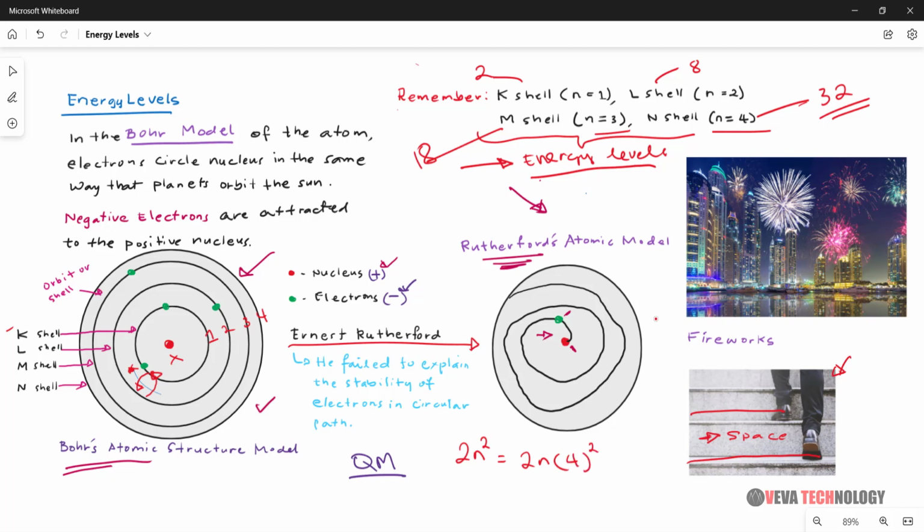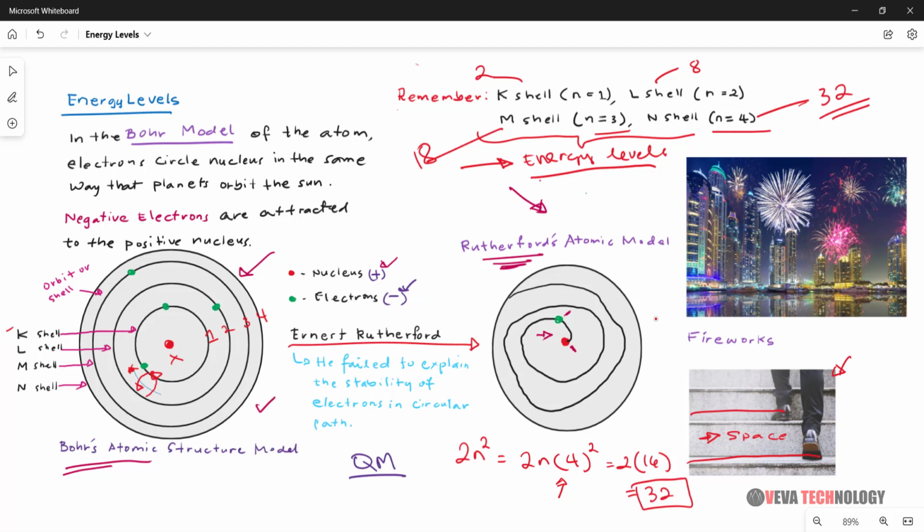Now, you have to write 2, and inside the parentheses, you have to place the number of the particular energy level. In this case it is the fourth energy level, so I have to write 4 inside that parenthesis, raised to the power of 2. That gives me 16. So 2 times 16 equals 32 electrons.